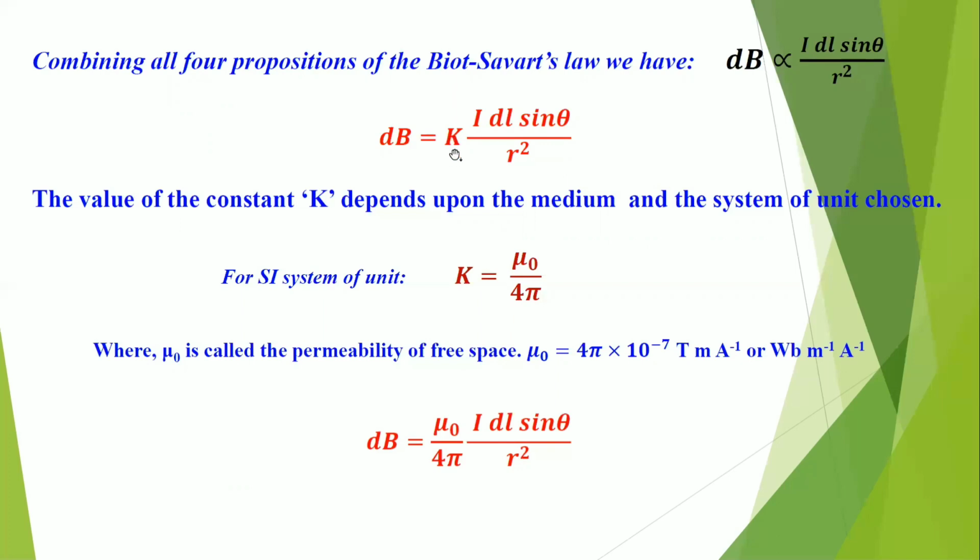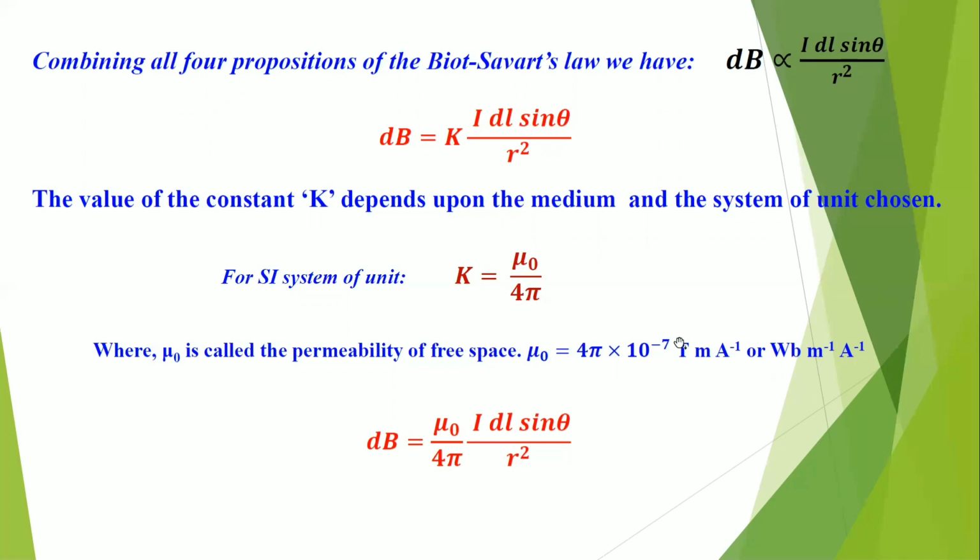So dB is equal to some constant k into I dl sine theta by r square. Here the value of the constant k depends upon the medium where we are going to obtain the magnetic field and also the system of unit which we are using. For SI system, this k is nothing but mu0 by 4 pi, where mu0 is called the permeability of free space, the value of which is 4 pi into 10 to the power minus 7 in SI unit.